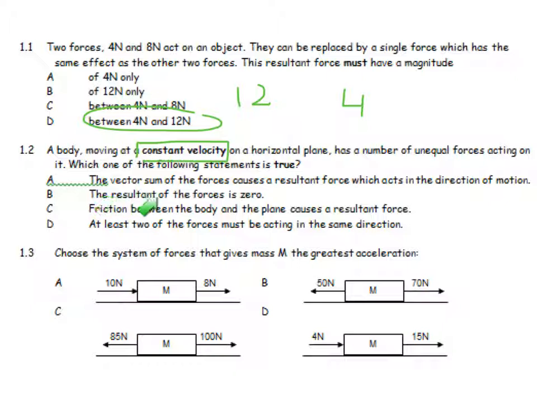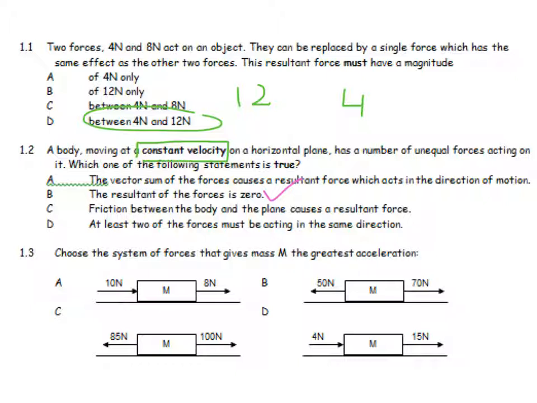The resultant of the forces is 0. That sounds pretty good. Friction between the body and the plane causes the resultant force. No. At least two of the forces must be acting in the same direction. I'm not sure why. The vector sum of the forces causes a resultant force, which acts in the direction of motion. No, there's no resultant force. So the only correct answer is B.